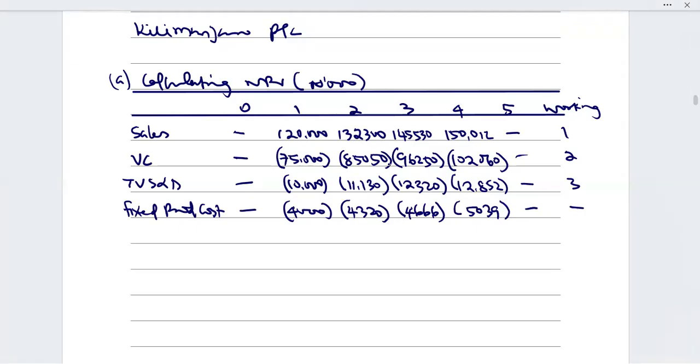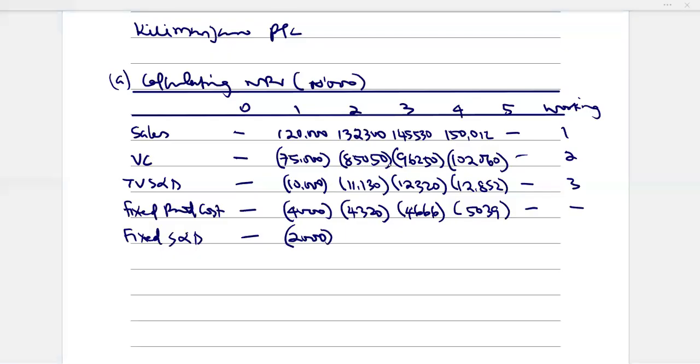Okay, so the next one, we also have fixed selling and distribution cost, 2 million at an inflation rate of 6%. So fixed selling and distribution, 2 million for the first year. The inflation rate is 6%.